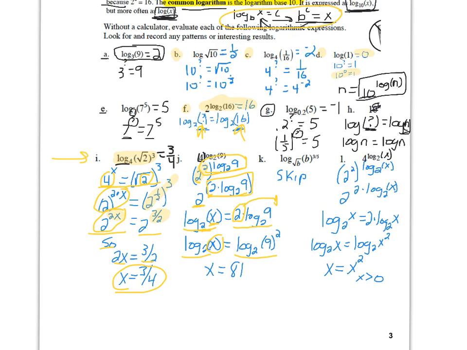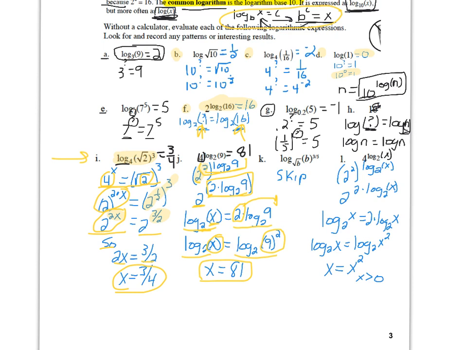Well, this x has to be the same as 9 squared. So x equals 81, but I really don't want to say x equals 81. What I want to do up here, say that 4 raised to the log base 2 of 9 equals 81.